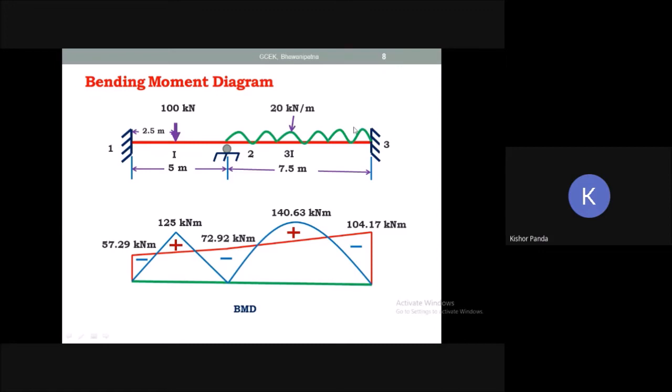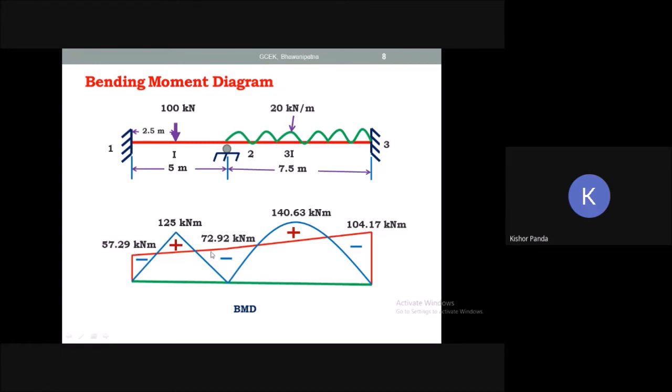These are the moment directions. So here this is the moment direction, anti-clockwise. This is negative, this is anti-clockwise, and here this is clockwise positive, and here this is negative anti-clockwise, and here this is clockwise positive. And then you draw the negative moment diagram.